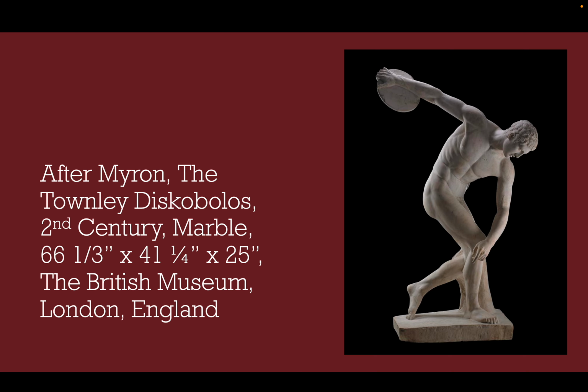So they would make a copy in stone of a Greek bronze statue, then melt the bronze statue down to use for weapons. So we say after Myron because Myron would have designed this originally in bronze, but that copy doesn't exist anymore, at least not that we have.